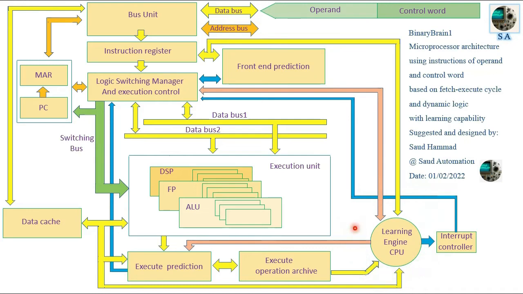The instruction consists of a control word and operand instead of opcode and operand. In fact, the idea is presented as a high-level system description, but implementation detail will be left to the designer and system developer, depending on the available technology.